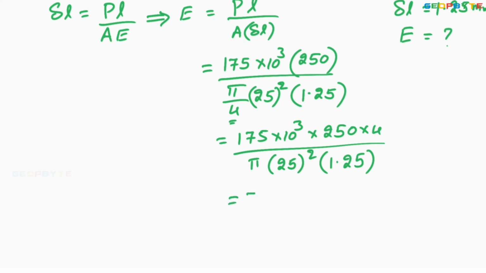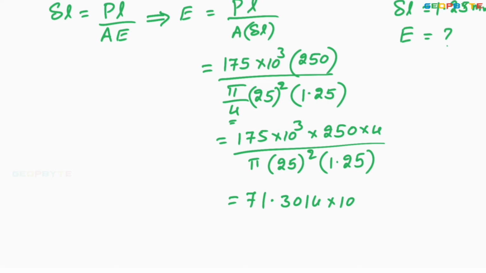For getting around 71.3014 into 10 power 9 Newton per meter square. Sorry, this is not 10 power 9. Please simplify with your calculator.